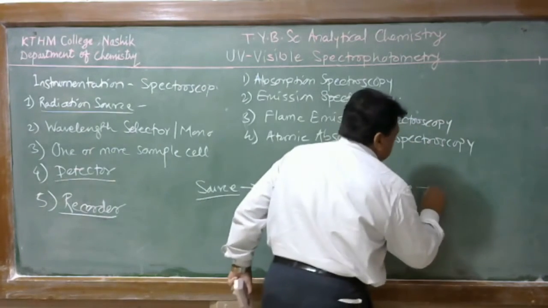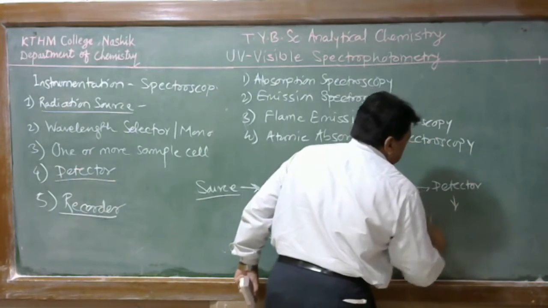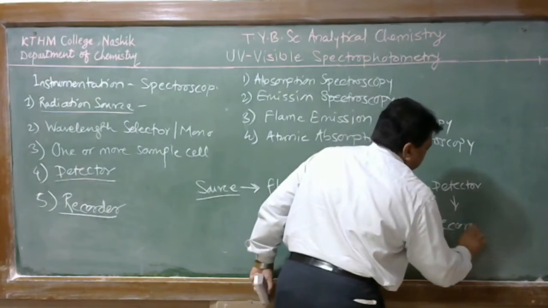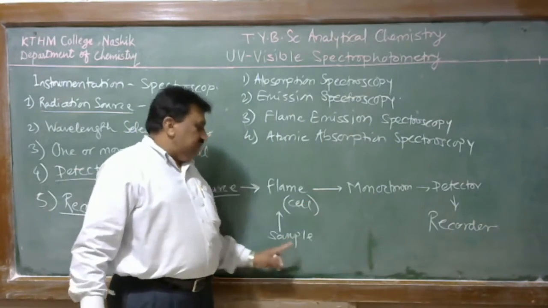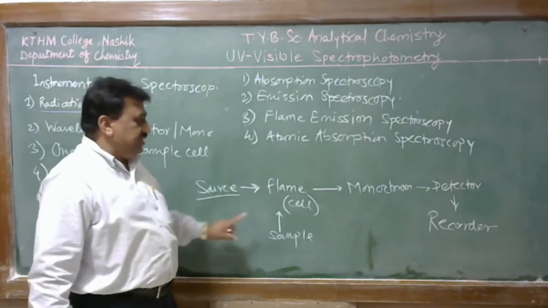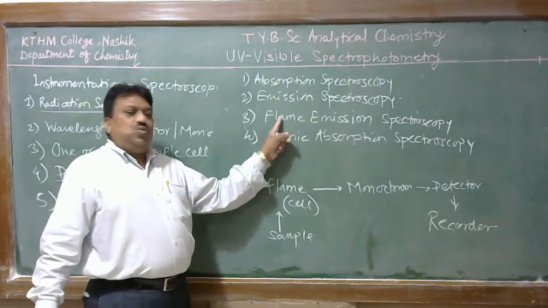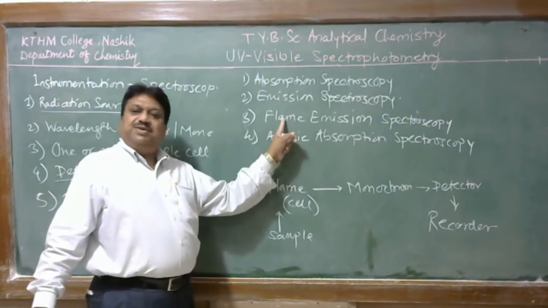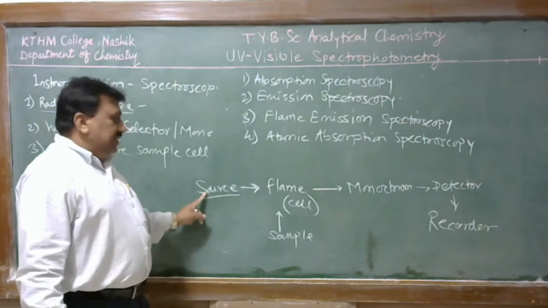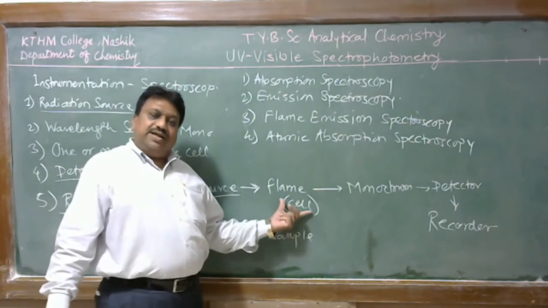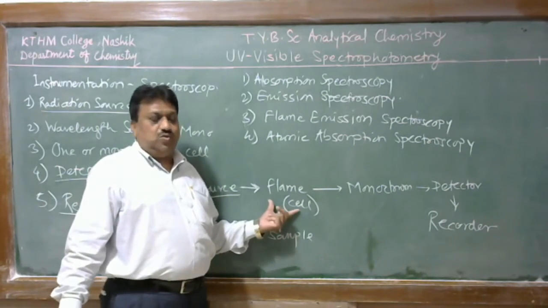That emission line's intensity is detected by the detector, and after that it is recorded. Therefore, the instrument used in atomic absorption spectroscopy has an arrangement like this. We will discuss flame emission spectroscopy as well as atomic absorption spectroscopy further, and the arrangement of the components is in this fashion.